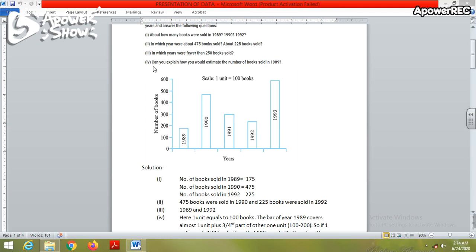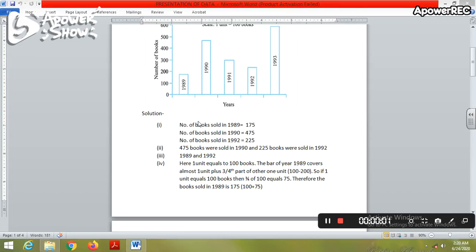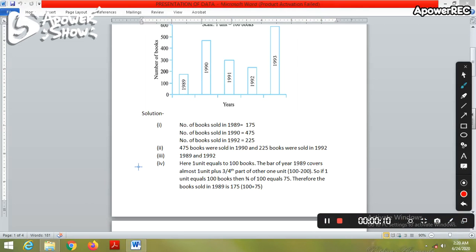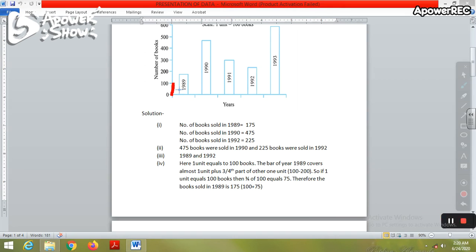Now, question number 4 is, can you explain how you would estimate the number of books sold in 1989? We are estimating this value as 175. How? We estimate the number of books sold during 1989 by adding this 1 unit, which equals 100 books, and the 3/4 part of this other unit. 3/4 part of this other unit means 3/4 of 100, because 1 unit equals 100 books.